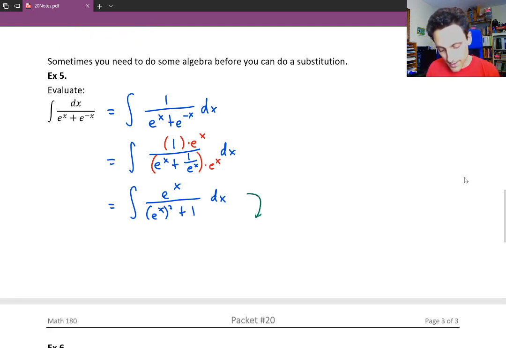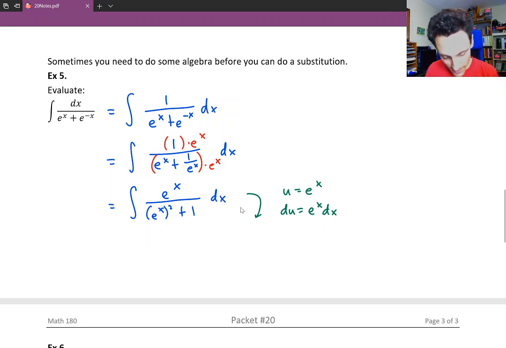Now what we can do is let u equal e to the x. That's definitely an inner function. That's inside of the squaring function, and its derivative appears with dx. The derivative of u equals e to the x is du equals e to the x dx. And we're definitely seeing that here.